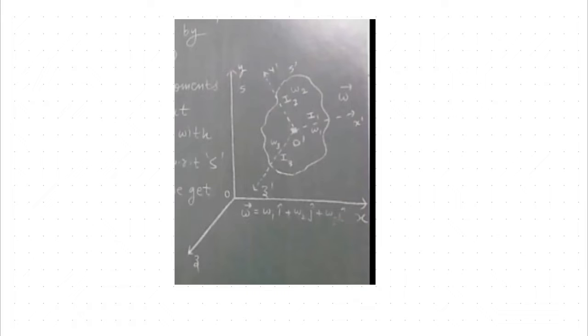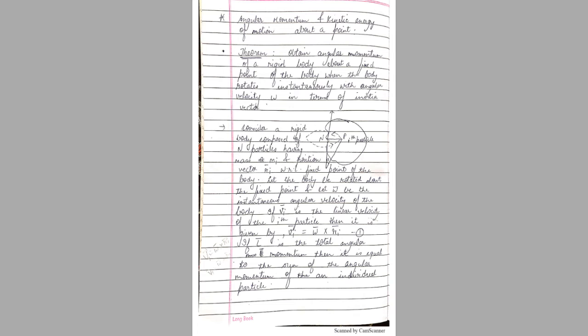Similarly, I1 is the moment of inertia about the x dash axis, I2 is the moment of inertia about the y dash axis, and I3 is the moment of inertia about the z dash axis. So this much basic is clear, and I can proceed further. You have already studied this in a previous lecture.